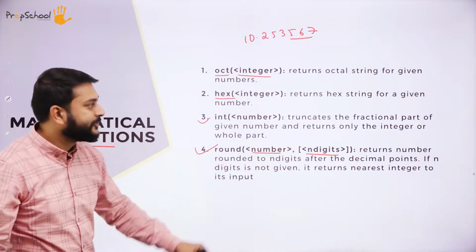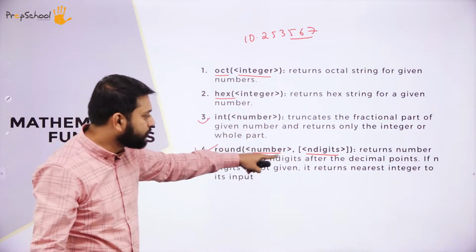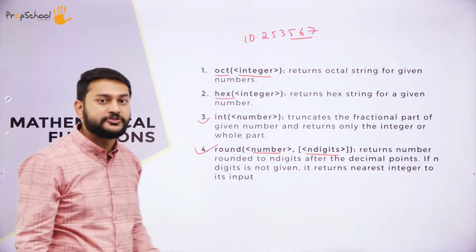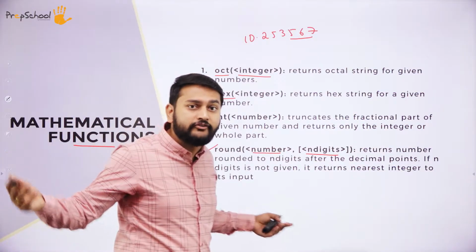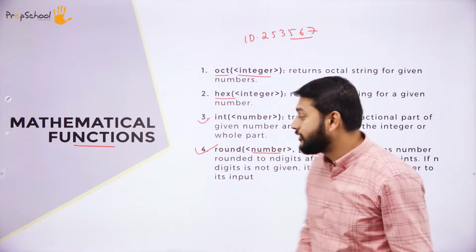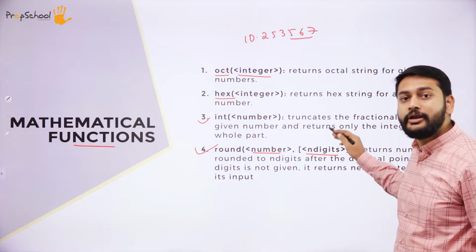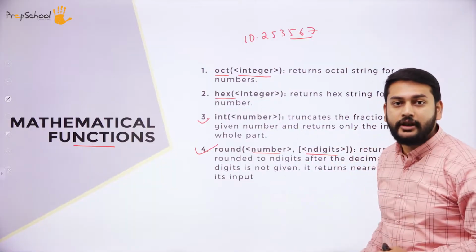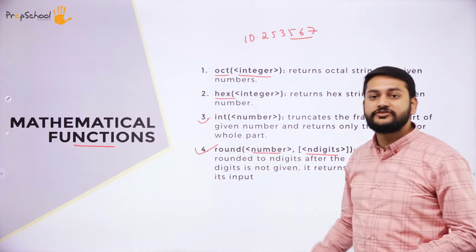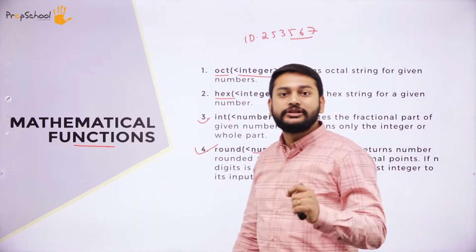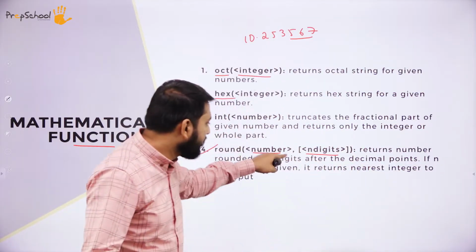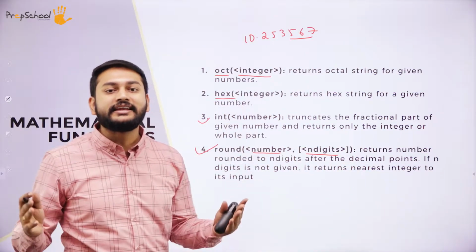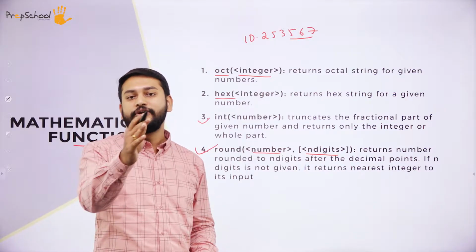Suppose you want to specify 3 digits, you will specify that in the n digit. Suppose I have not mentioned this n digit value, so how many numbers should you round up? You have not mentioned it, so what will happen? At that time, this function will round up to the nearest integer. This function will round up to the nearest integer is what you need to understand.